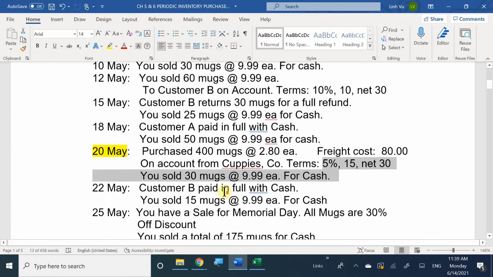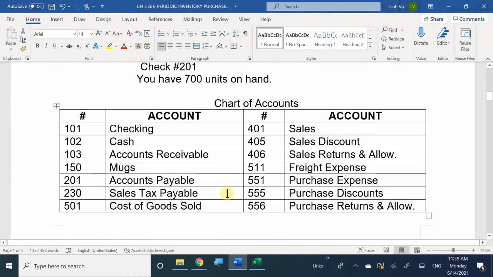Ending inventory. Okay, so ending inventory. What account would that be? Cost of goods sold? Cost of goods sold is going to be in the next account. But what's my ending inventory account? Purchase expense? Purchase expense will be one of them.